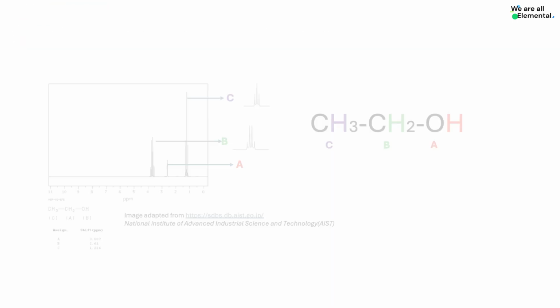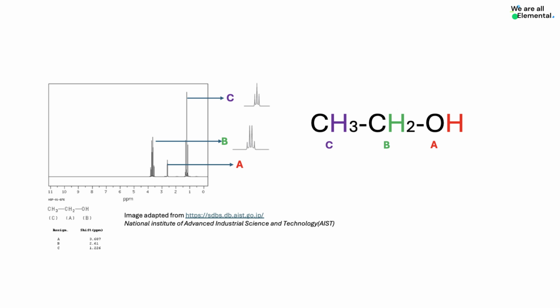atoms. For example, this is the proton NMR spectrum of ethanol. The protons have 3 different chemical environments. Therefore, there are 3 signals. However, signal C in high resolution is split up into a triplet because it has 2 neighboring hydrogen atoms on carbon B of a different chemical environment.